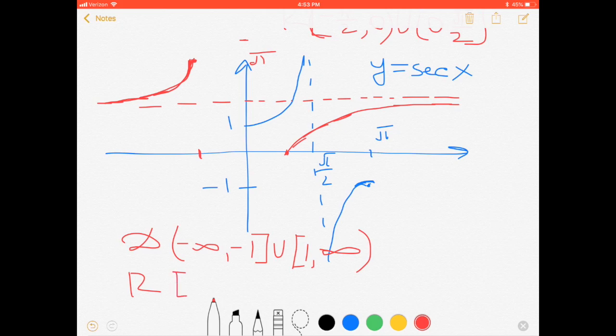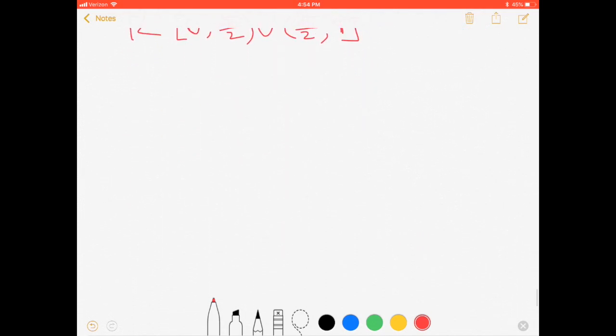From 0 include, pi over 2 is not included. Pi over 2 is a horizontal asymptote. This means never intercept, never reach. Pi over 2 to pi include. Okay, great. Now we have given the definition and seen graphs of all our 6 inverse trigonometric functions.